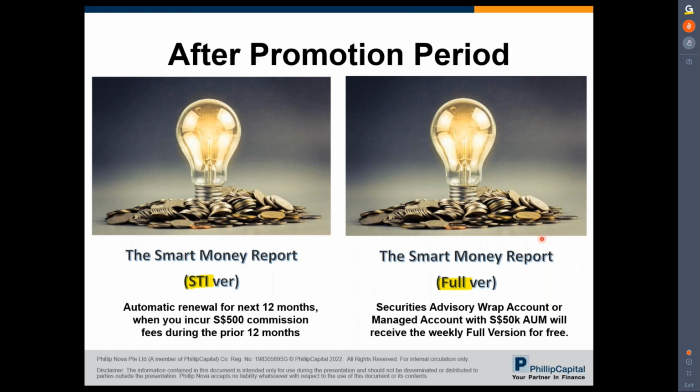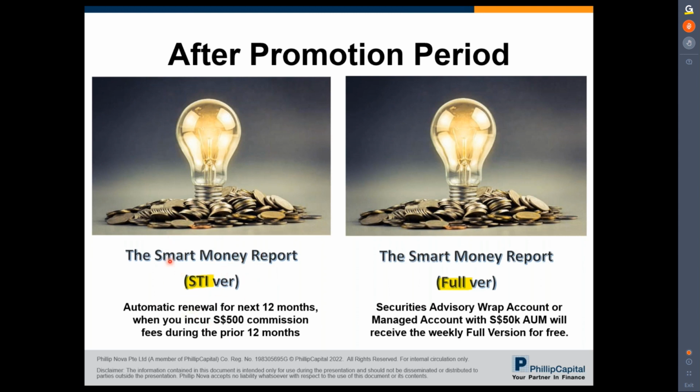Right. So back to these two versions. For the STI version, for the first 12 months after account opening, you will be receiving it free of charge. But after the first 12 months, if you want to continue to receive this, then you would need to incur at least $500 commission fees during the 12 months.